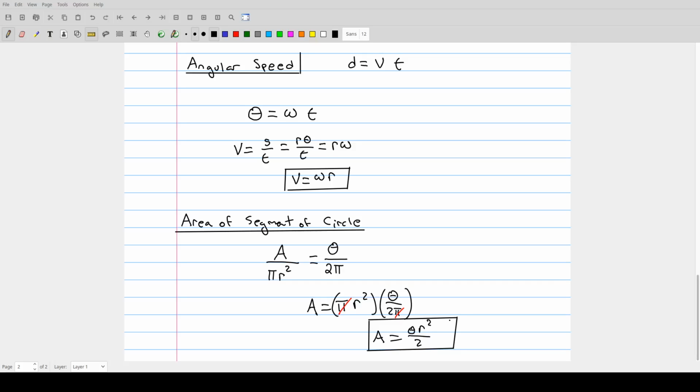So Kepler's laws are a big application of this formula, and of all of these formulas that we've been talking about. Kepler's laws of planetary motion.